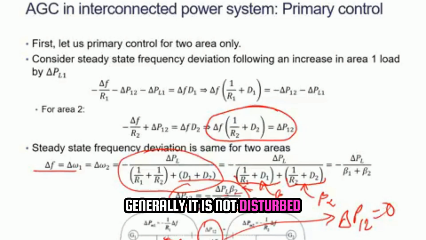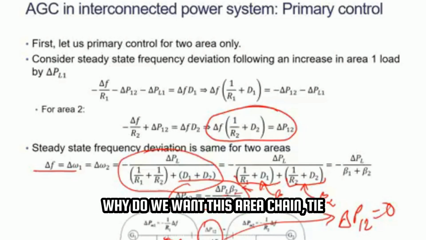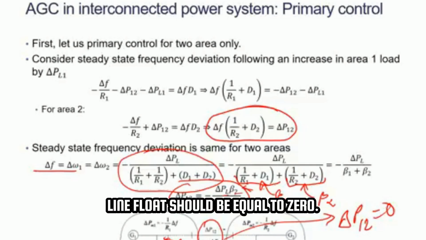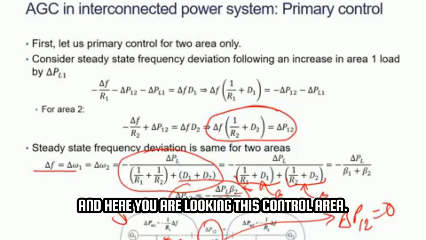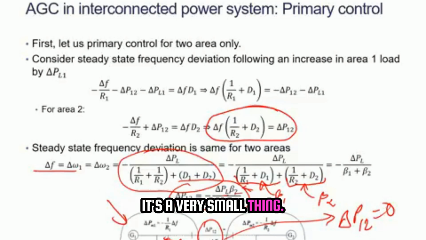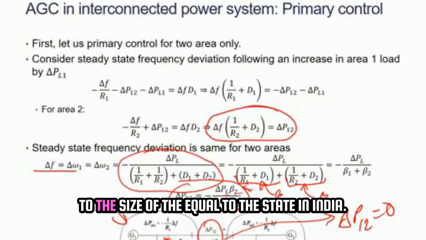Generally it is not disturbed, because, you can actually ask me this question, why do we want this area tie line flow to be equal to 0? The idea here is, let's say this is the control area. I'm just saying here there's one generator and one load, but practically a control area is of the size of a state in India.